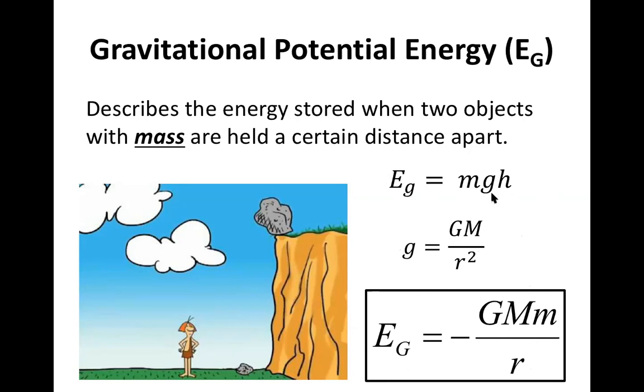Just a reminder that we could only use g equals 9.81 if we were talking about Earth and if it was close to Earth's surface. So there were some conditions that we used last year, but now this is more applicable.